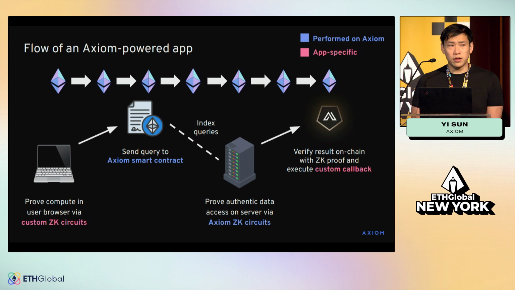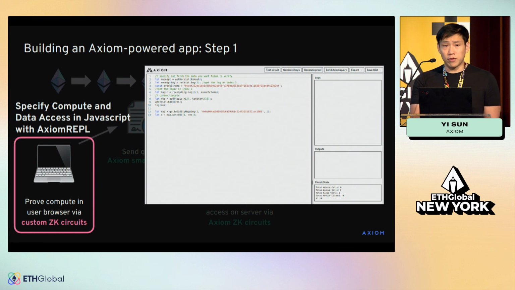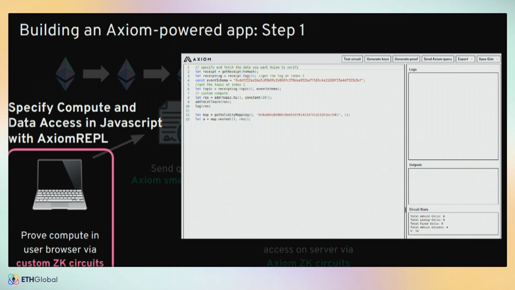So let me talk through the steps of actually integrating Axiom into your application. First, we provide an easy web REPL interface for you to specify the computations you want to do and the on-chain data access you want to make. This is called Axiom REPL, and we'll walk through it later in this workshop.